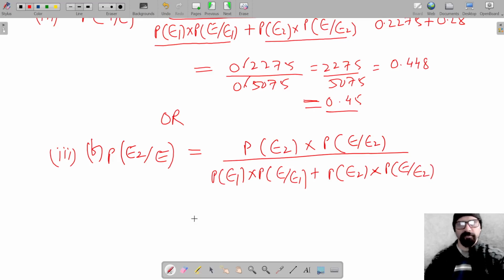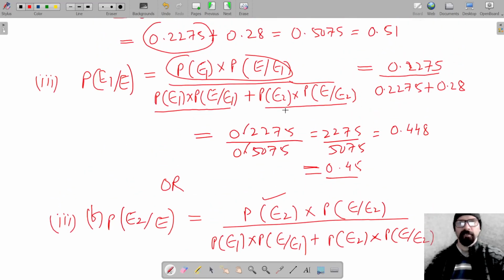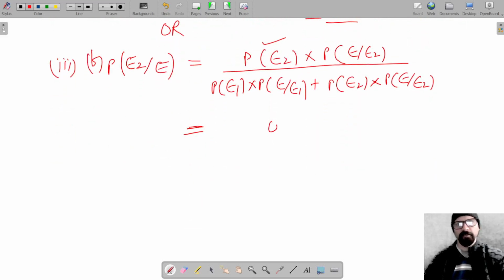Let's write this down. The probability of E2 into E by E2 is 0.28.